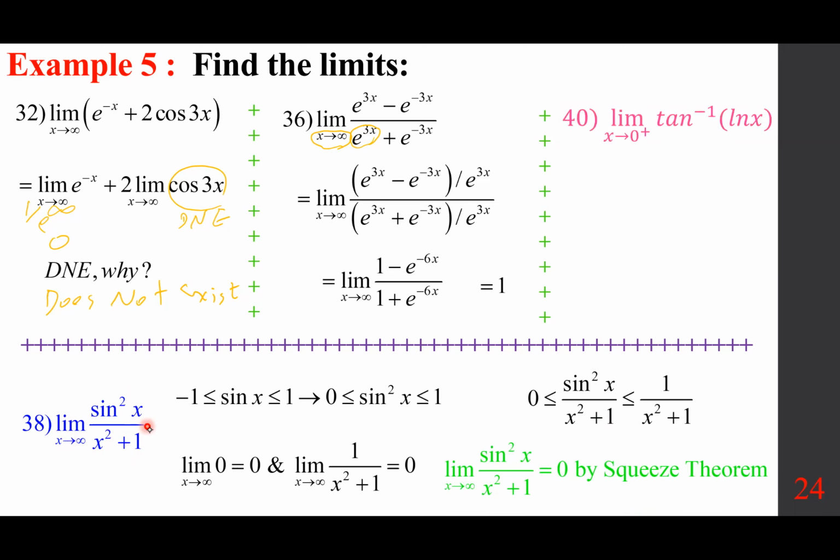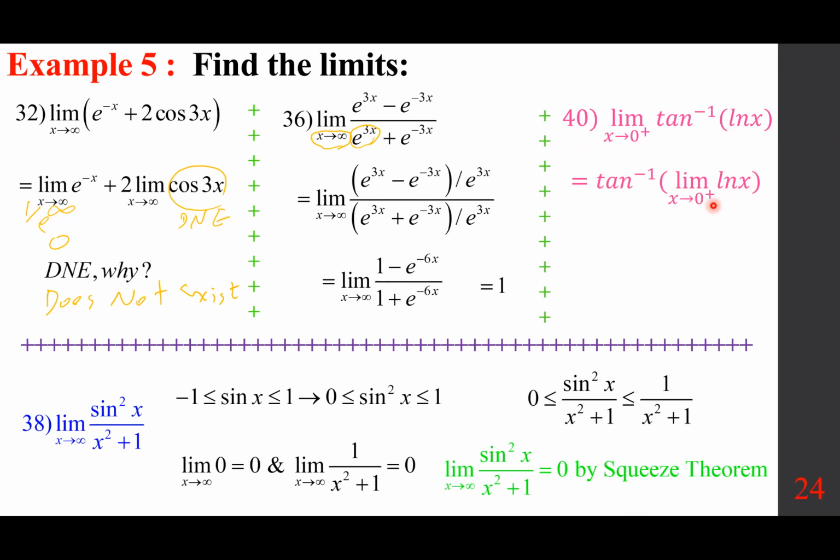Let's look at this expression, limit of tan inverse of ln x as x approaches 0 from the right. So let's put the 0 in. You can say tan inverse of the limit of ln x as x approaches 0 from the right, or you can plug it in.